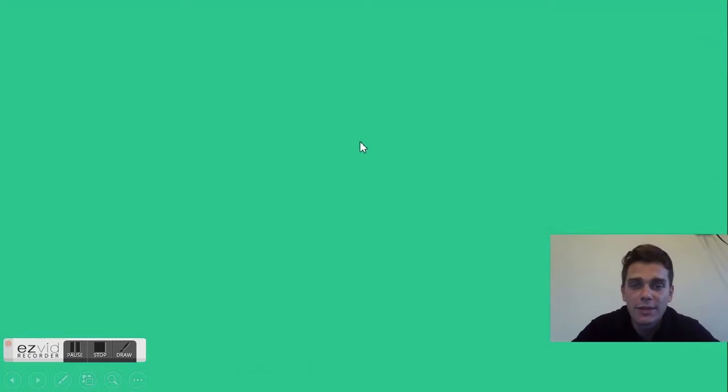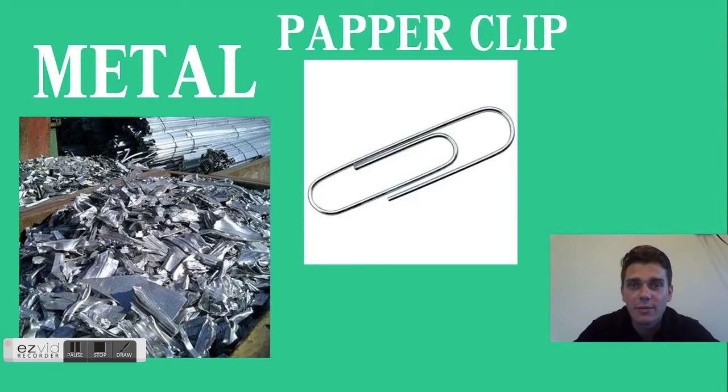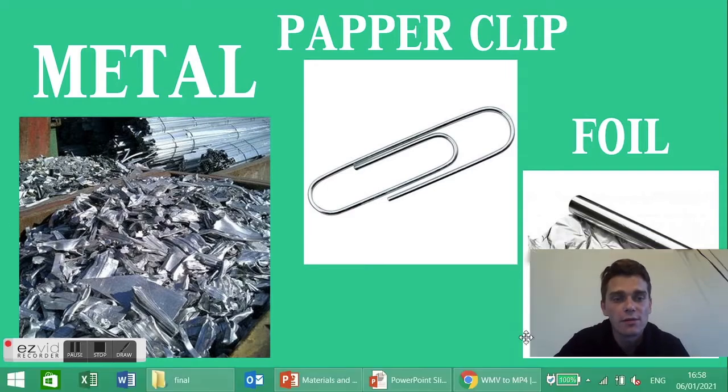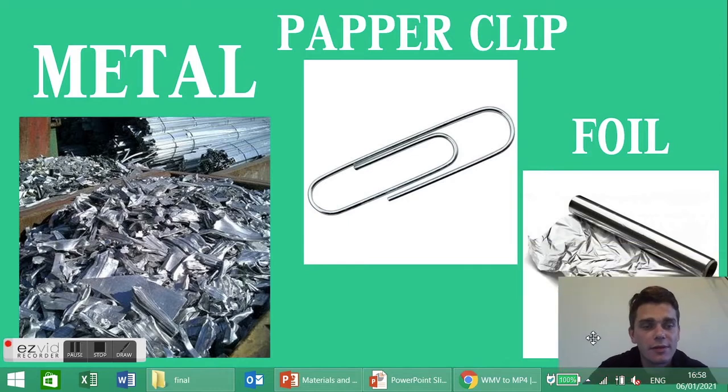Okay. What is next one? What is it? Metal. Okay. What is made of metal? Repeat after me. Paper clip. Paper clip. Okay. And foil. Repeat after me, please. Foil.